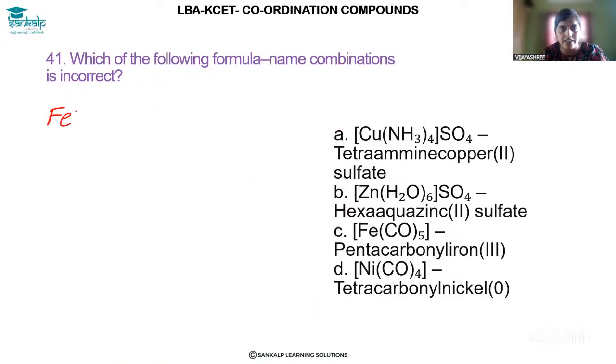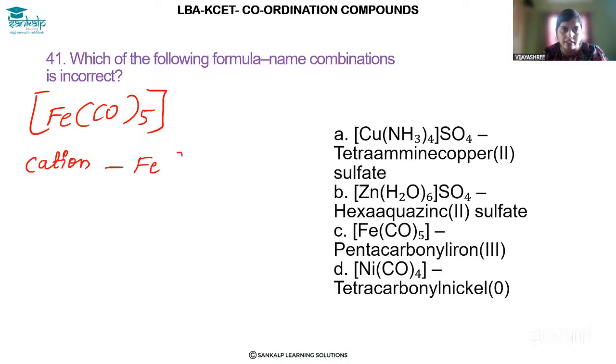Option C, Fe(CO)5. Here the anion is not given, and the charge on the cation is also not specified. So we have to take the charge over the complex cation as 0. Here the cation is Fe(CO)5 with its charge 0. Now we will calculate the oxidation state of iron, the central metal atom.